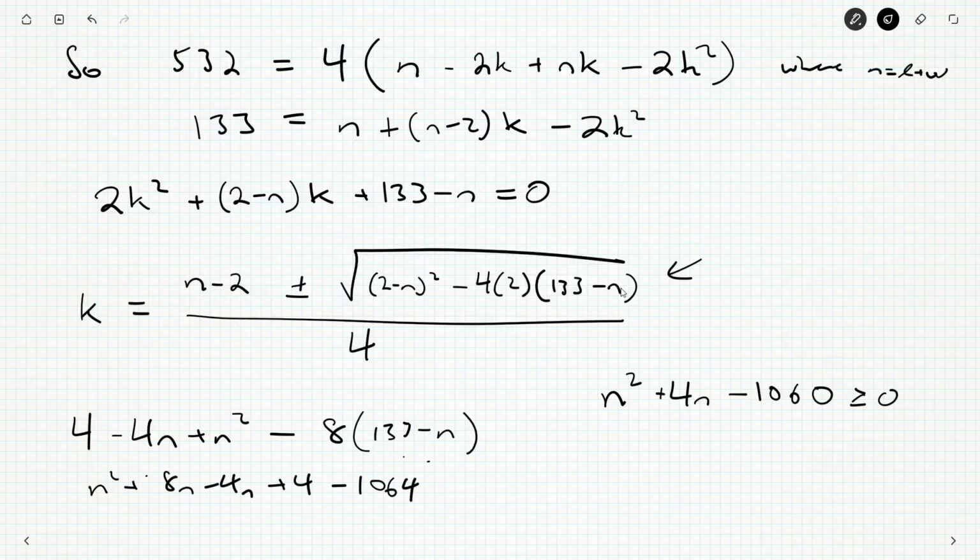This has got to be a square. So n squared plus 4n minus 1060 needs to be a square number. Is there a limit to the squares that we can have? So n squared plus, you know what, I should have kept this plus 4 here.